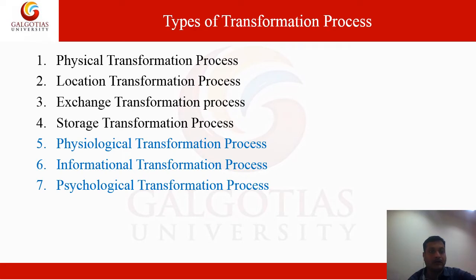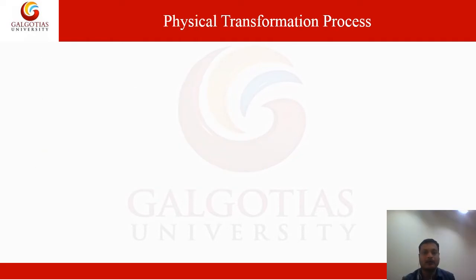Now let us see what the major types of transformation process are. As you can see in this slide, there are 7 transformation processes: physical transformation, location transformation, exchange transformation, storage transformation, physiological transformation, informational transformation and psychological transformation. Now let us see what the physical transformation process is.